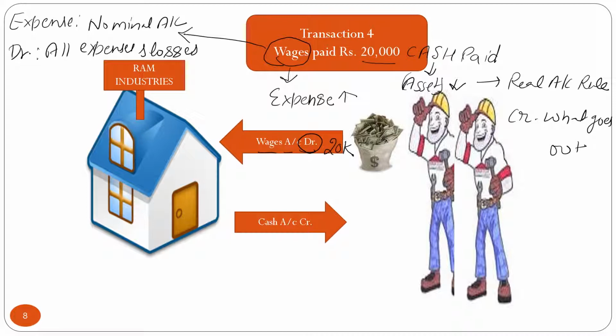There is a decrease in the asset, so cash goes out of the business, so cash account credit by 20,000. So we come up with this journal entry: wages account debit by 20,000 rupees and cash account credit by 20,000 rupees. So these are the debit and credit effects of transaction number 4.